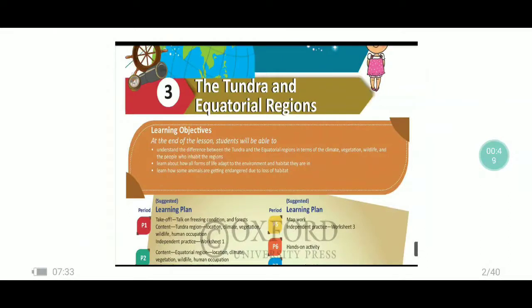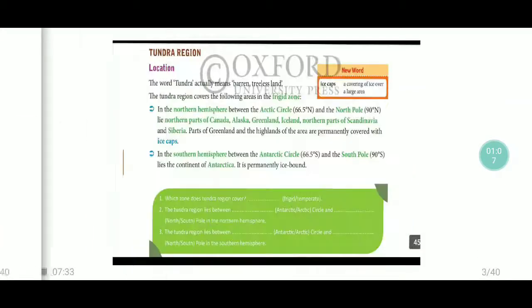Your lesson number 3, the Tundra and the Equatorial region, will explain to us about the location, climate, vegetation, wildlife and the human occupation of these regions. So, let's start with the Tundra region and its location.